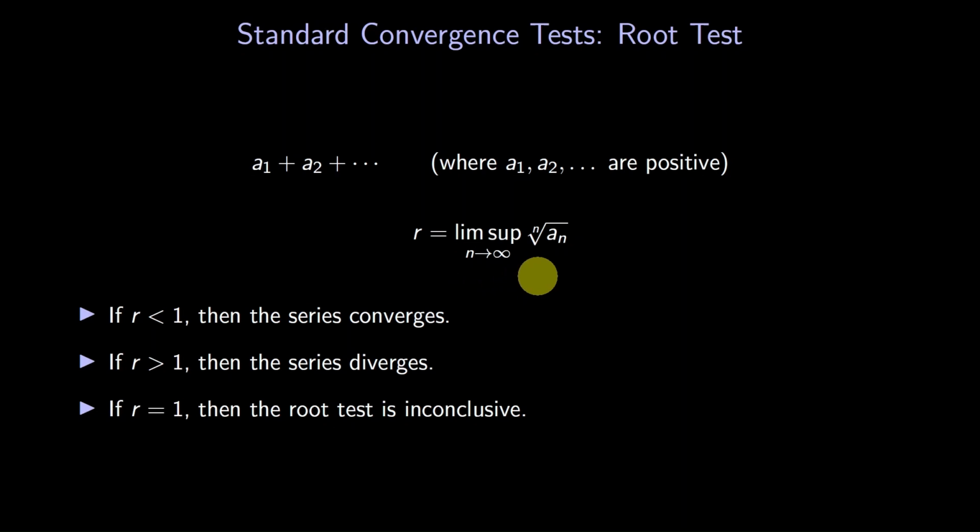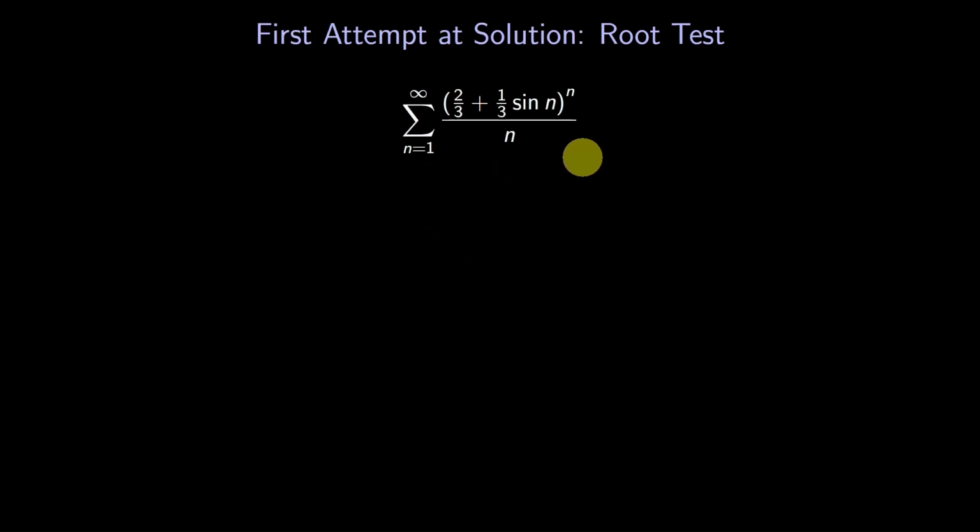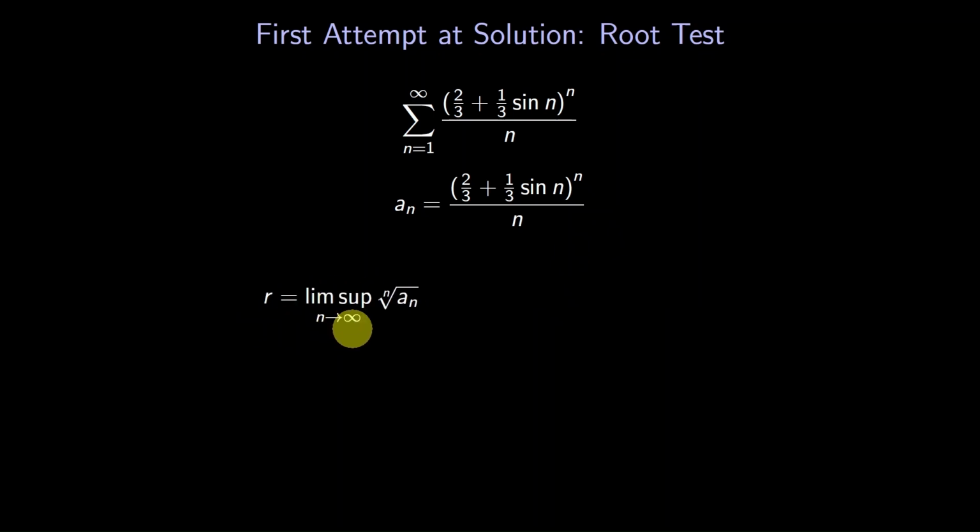Let's find out. Here is our original series, and here is the nth term. In the root test, we look at the limit of the nth root of the nth term, like this. In our case, the nth root of the nth term simplifies nicely because the exponent of n goes away. Here's what we get. What can we say about the nth root of n itself?